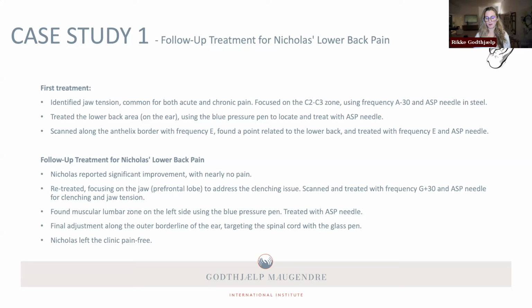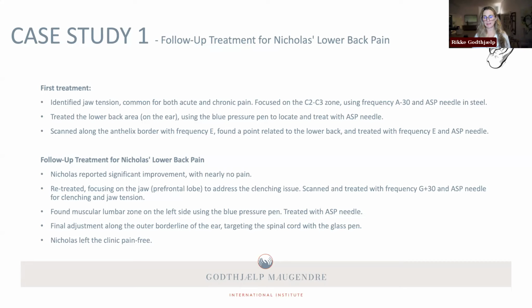All right, so this time, I can see that there is still a little pain left. And because of that, and because of the story, the case he tells me and how his life is going, he's a hard worker, I like to check on the prefrontal lobe. And the prefrontal lobe is where we treat clenching.